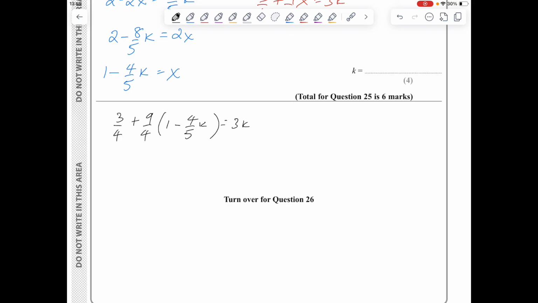Let's expand. 3/4 plus 9/4 minus 9/5 k is equal to 3k. Let's take all the k's to the right and keep the constants on the left and simplify. So 3 is equal to 24/5 k, which means that k is equal to 5/8, and this is my final answer.